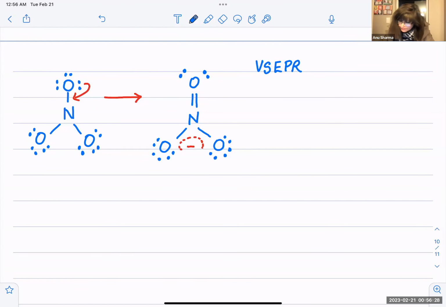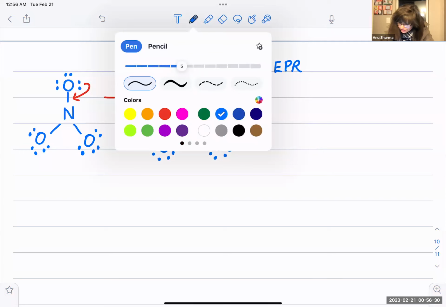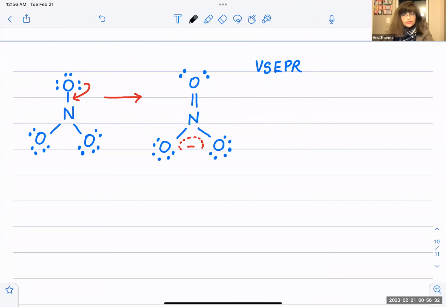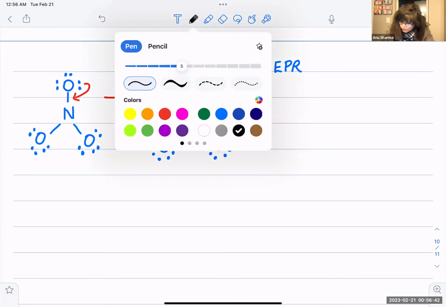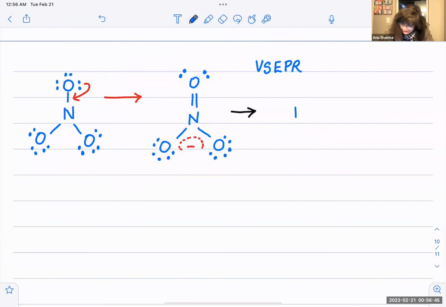Here's something you have to keep in mind: internally the electrons talk to each other. So they have to share the charges and they have to share the double bond. At one point of time, this nitrogen is forming a double bond with the other oxygen, and the charge is in between those two oxygens.